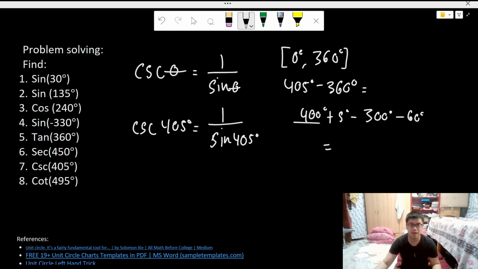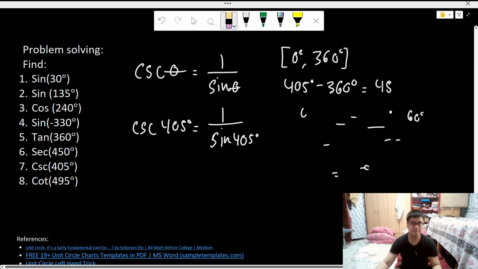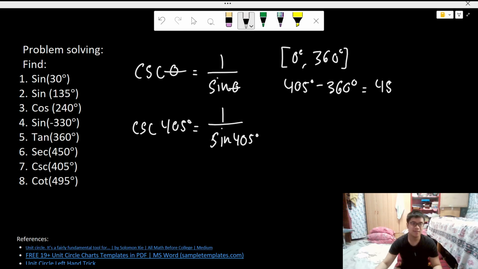Combining 400 and negative 300, I will have 100 degrees. 5 degrees minus 360 degrees gives negative 55 degrees. And with that, I will have 45 degrees. So the answer here is 45 degrees.